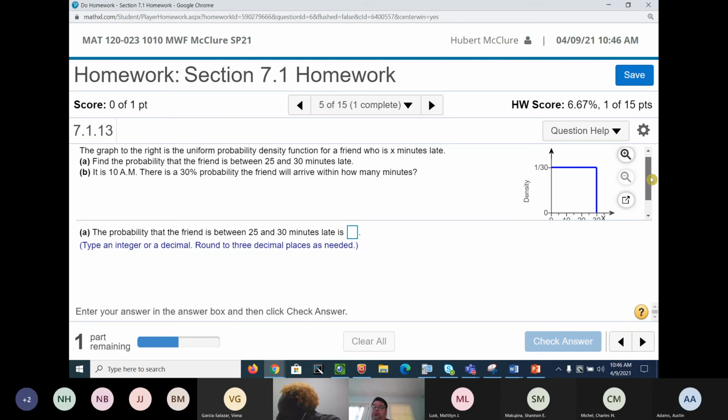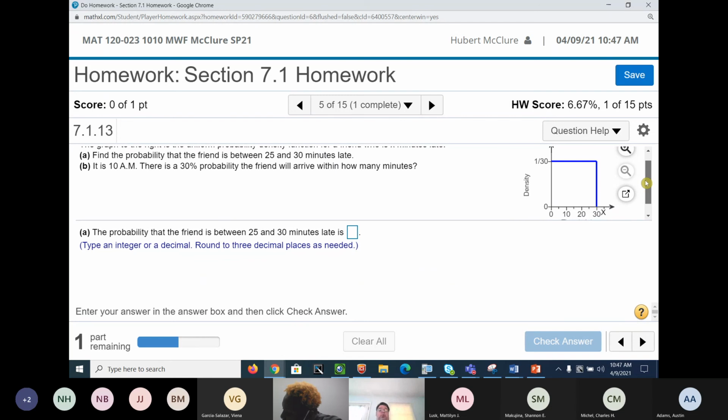The bottom is from 0 to 30, just like the previous problem. So 10, 20, and then 5, 10, 15, 20, 25 goes in the middle. And then the height is equal to 1 over 30, so we don't have to do that.